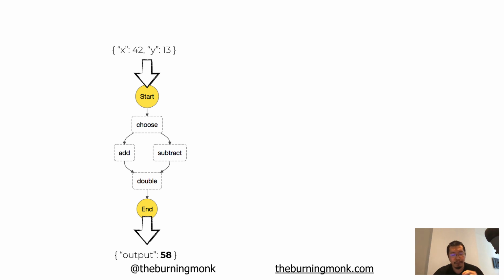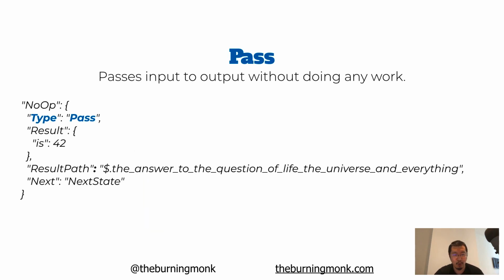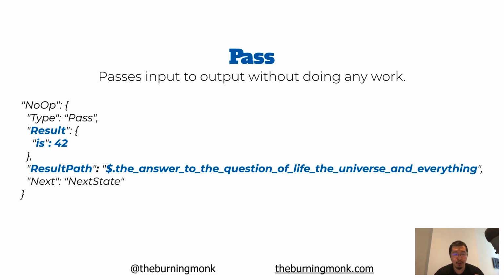Another way you can manipulate and modify the input state, the execution state, or the dollar symbol along the workflow is to use what is called a pass state. Like the no-op state I've got here, which all it's doing is modifying the current execution state by adding an attribute called the answer to the question of life, the universe, and everything, which someone already said earlier, which is 42.